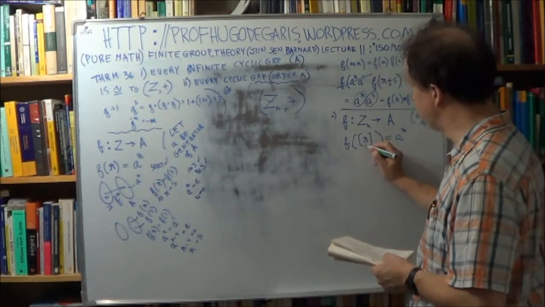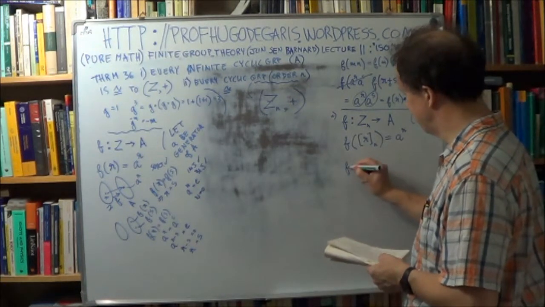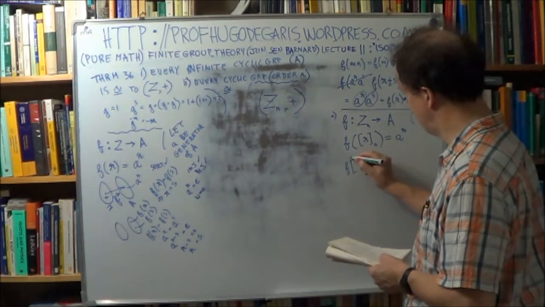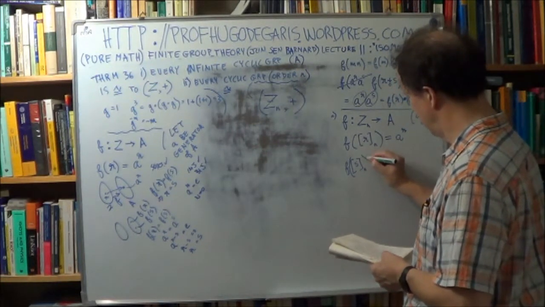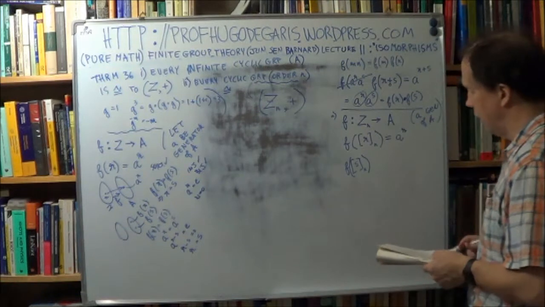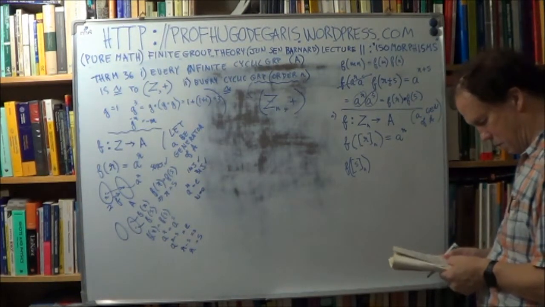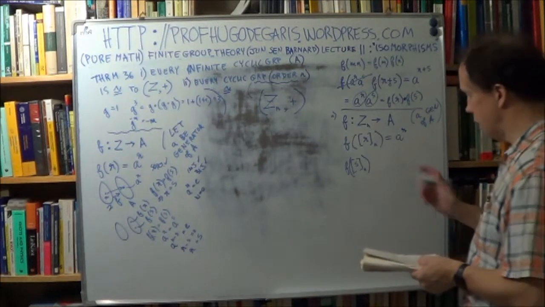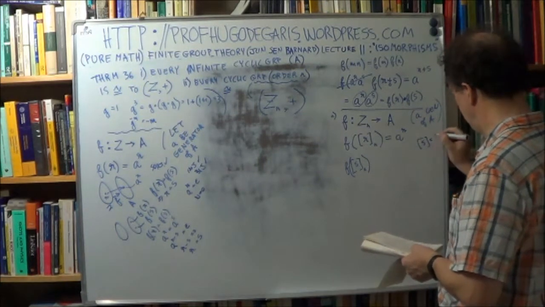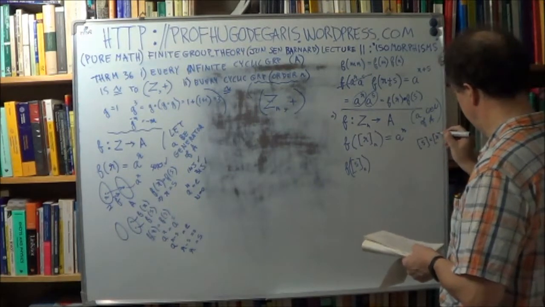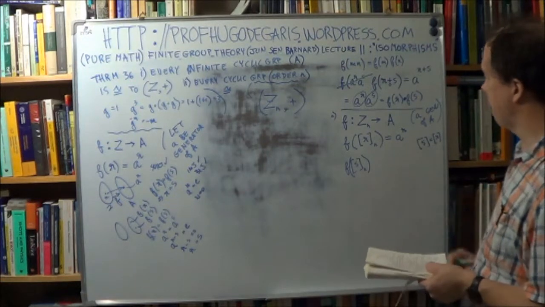Say you had a different representative. Say you had S here, such that R and S are congruent mod n.